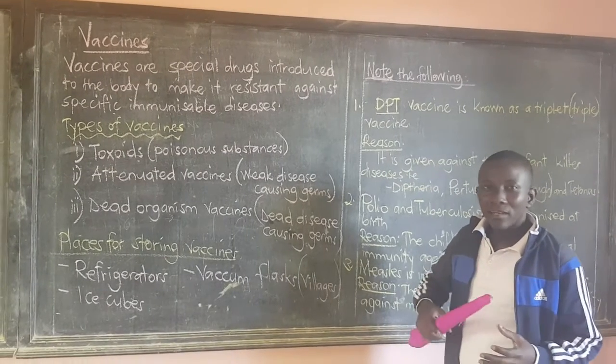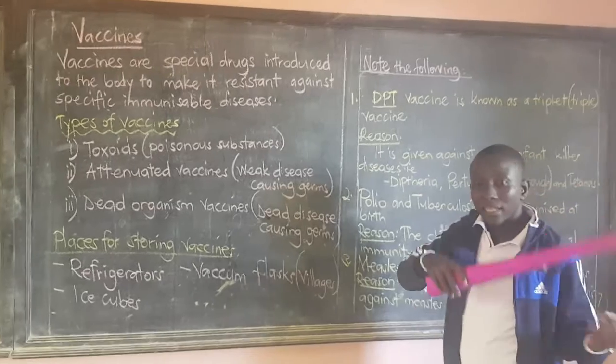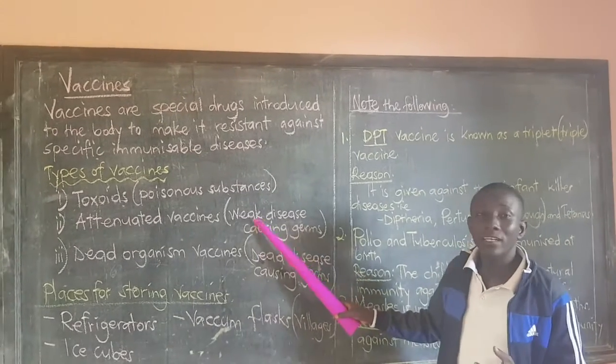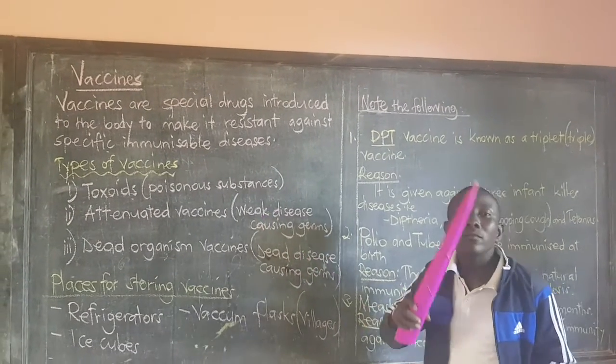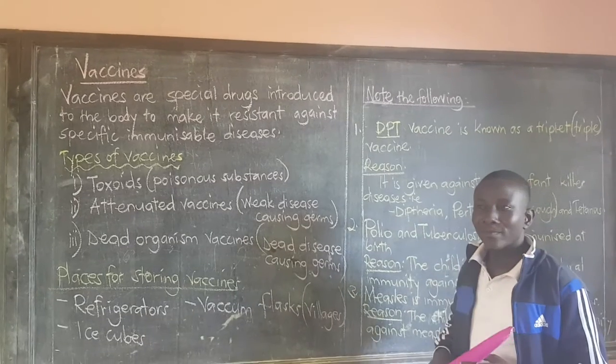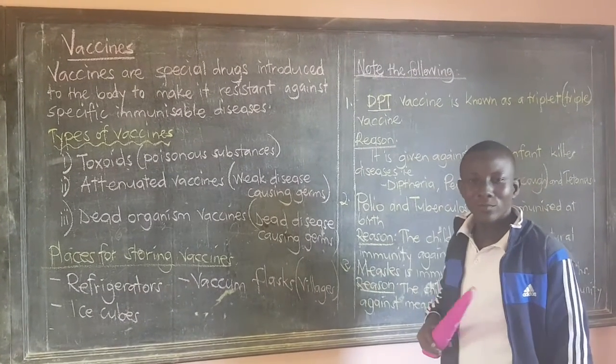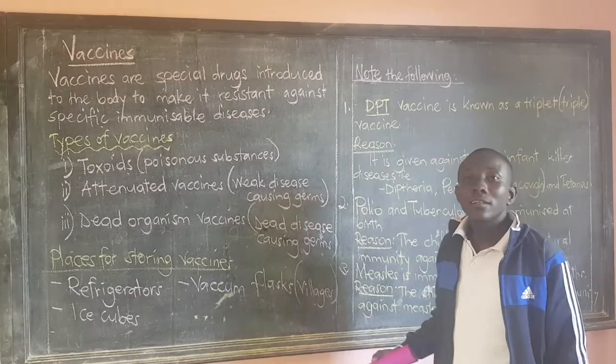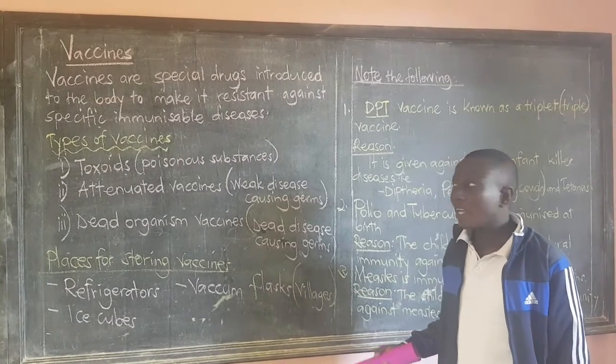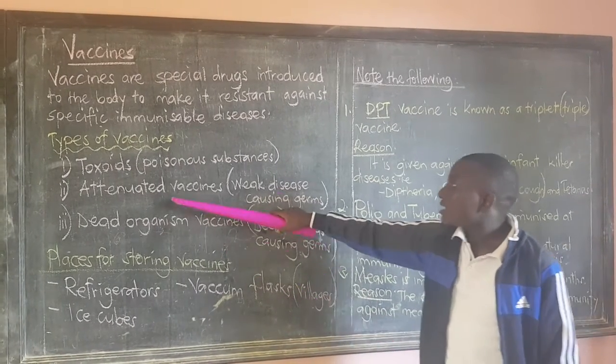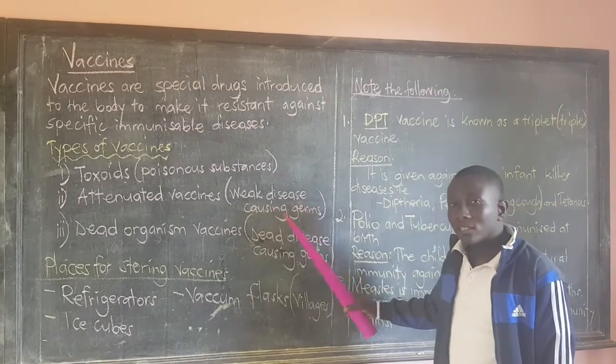Then from there, they extract those germs again. When they are weakened, they now come to immunize you. They inject them into you, so you will not develop tuberculosis anymore, okay? Those are attenuated vaccines, weak disease-causing germs.